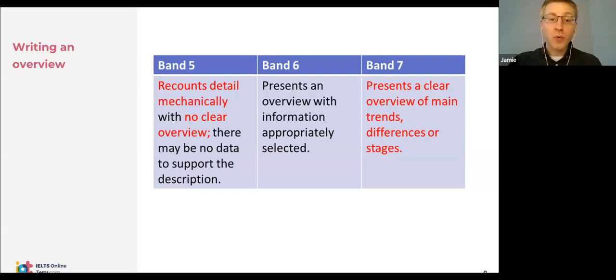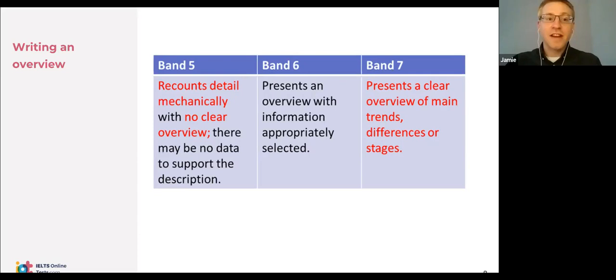So it's an important part of the task 1. You must write an overview, and that's why I suggest writing it directly after your introduction. So what can we include in the overview? We have our chart here.